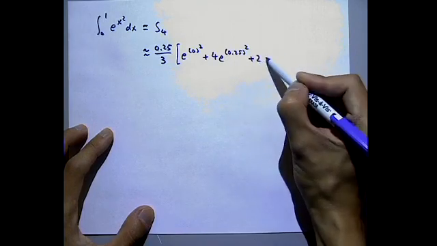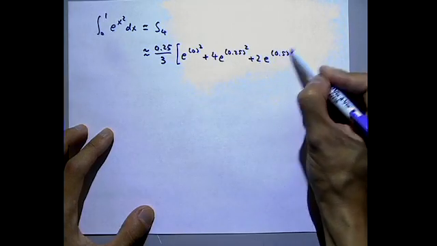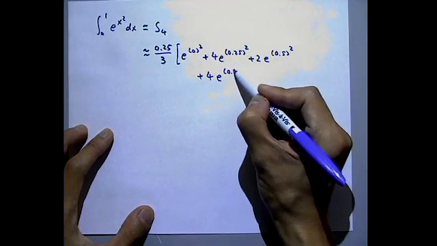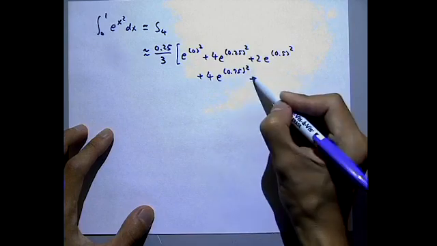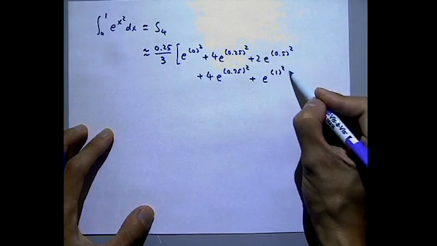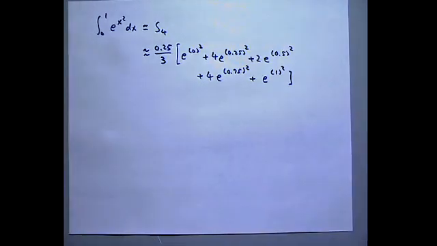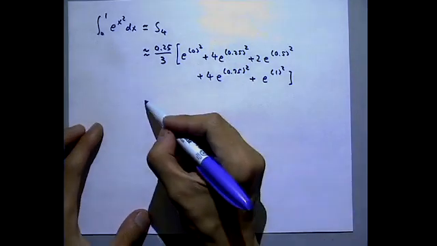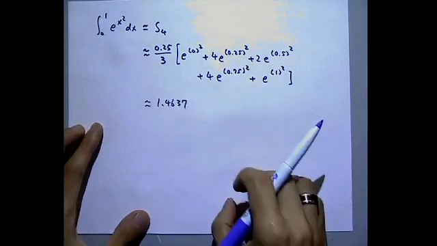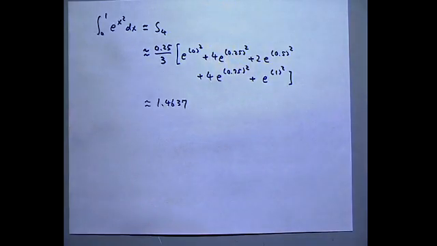The next one gets a 2. The next one gets a 4. And then the last one gets just a 1. Okay, so the middle terms have their coefficients alternating 4, 2, 4, 2, 4 until we get to the last one. And in this case, we get 1.4637. And this will be the closest one.